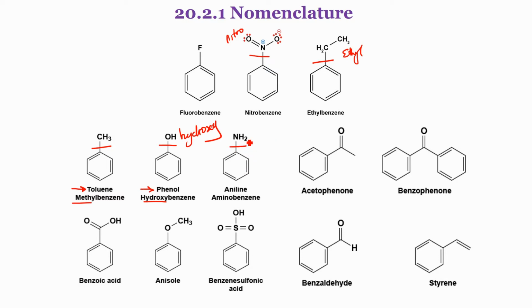This is an amino group, so it should be aminobenzene, but we call it aniline. This is an acetyl group. It's a ketone, so we call it acetophenone. Of course, now this one will be benzophenone.